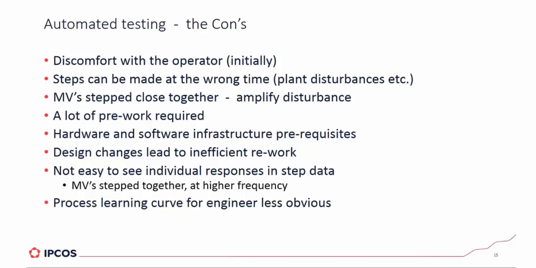The automated program does not have this information, so it could often be that a step is being made at exactly the most unfortunate time, or that some MEs are stepped together or very close together at a time that is not really convenient. This could amplify a certain disturbance in such a way that we would not want.